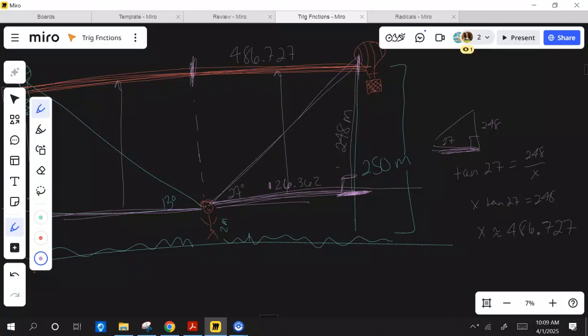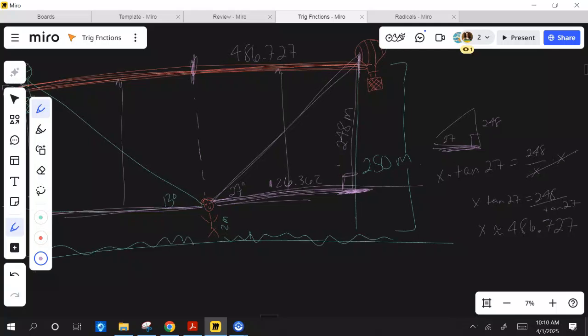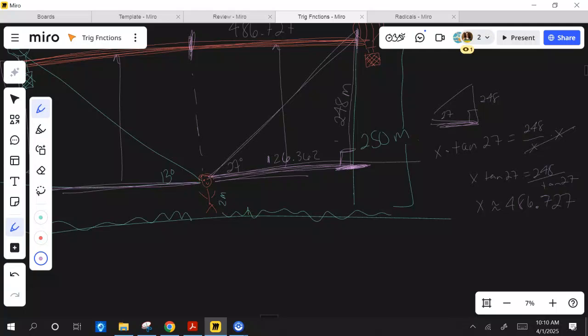When I put this in the calculator, I said 248 divided by 1027. I had to multiply by x on both sides to get x out of the bottom, and then I divide by 1027 to get x by itself. We're fixing to do it again on the other one.